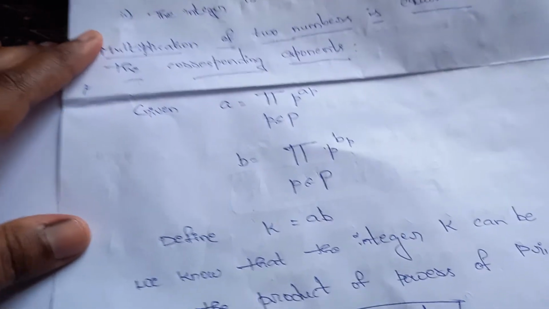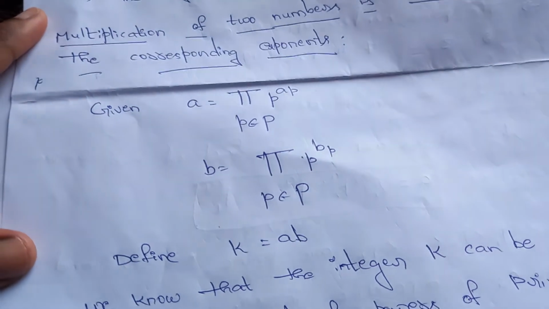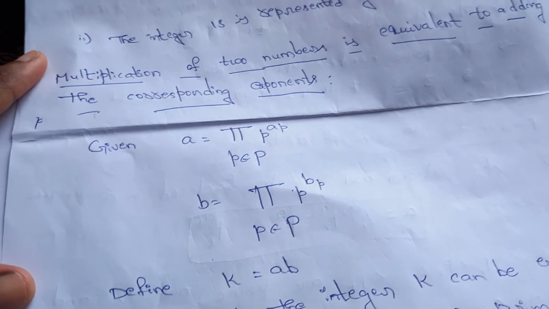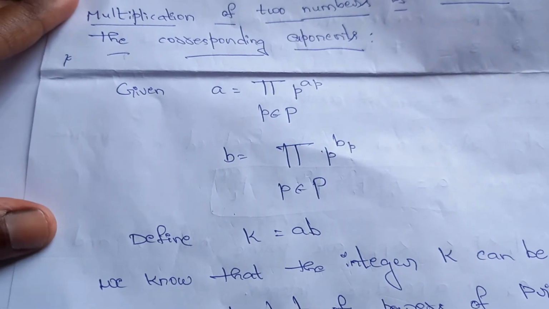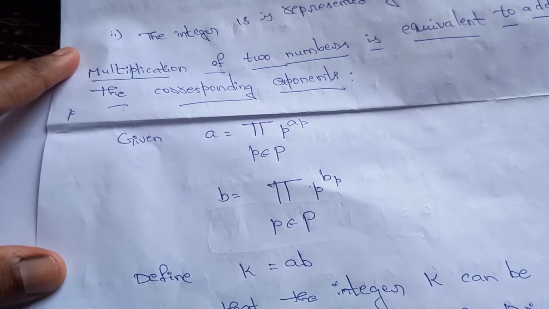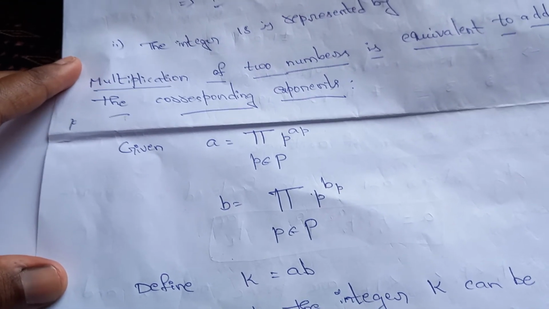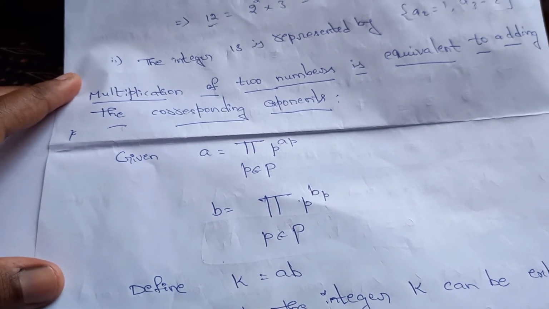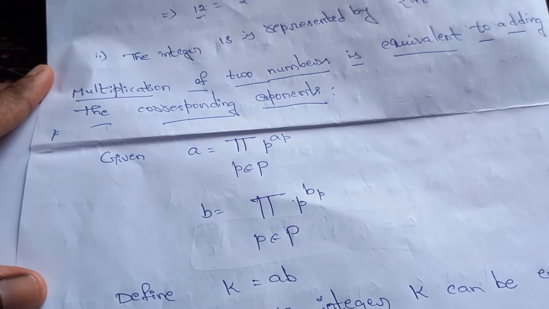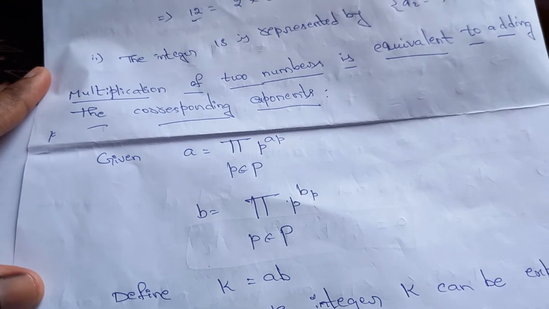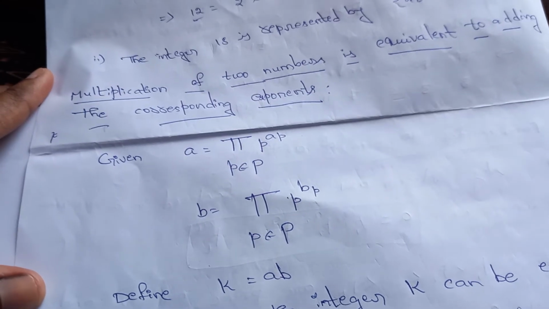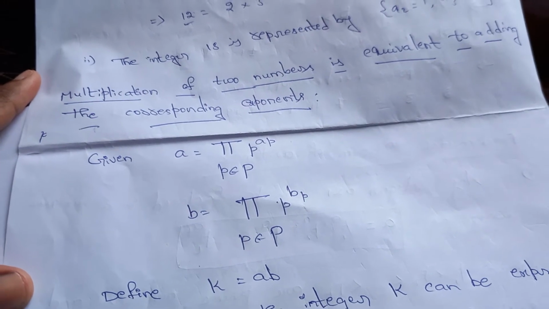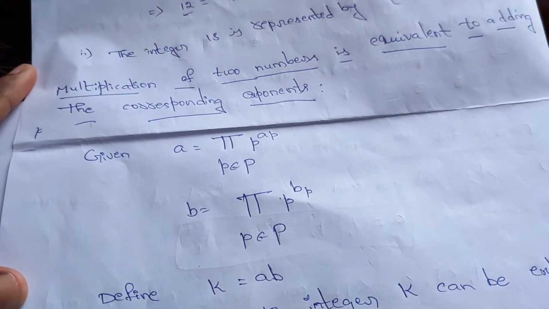So how to multiply two numbers using the prime numbers here? We need to multiply A and B. So consider k = AB, the multiplication of two numbers A and B. According to this title, multiplication of two numbers is equivalent to adding the corresponding exponents.